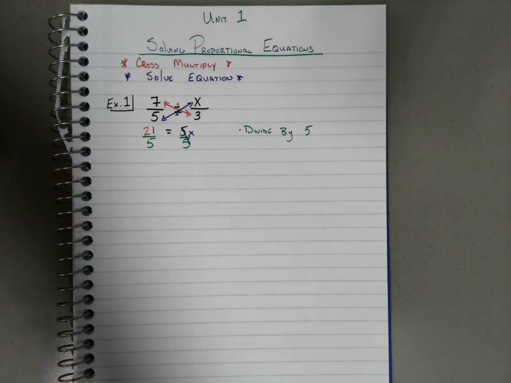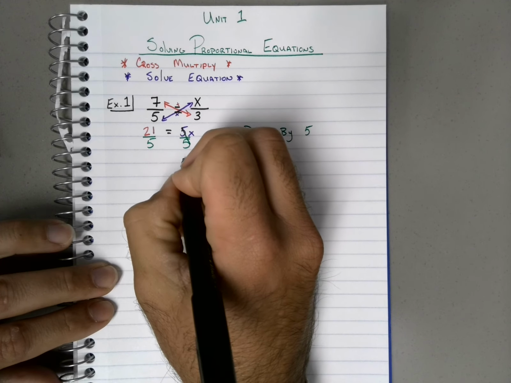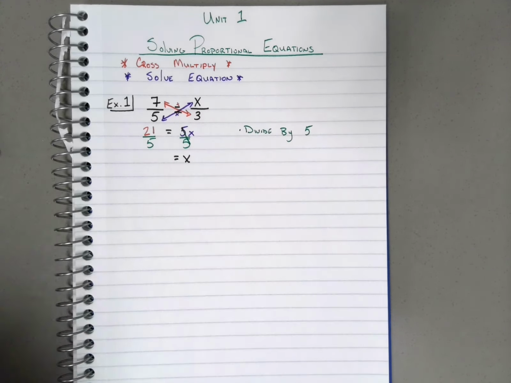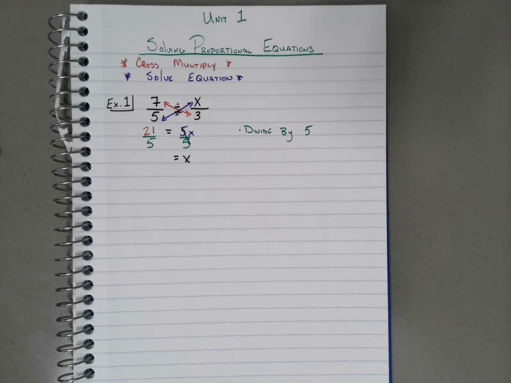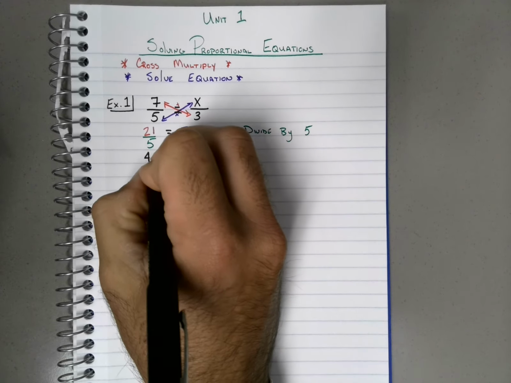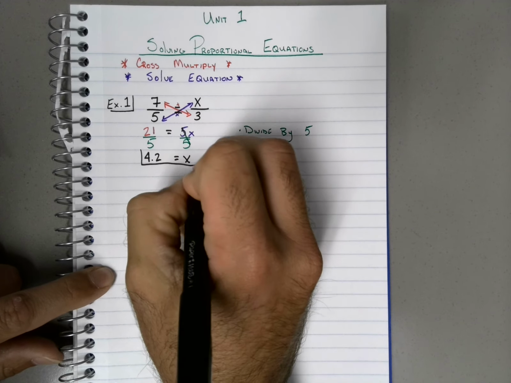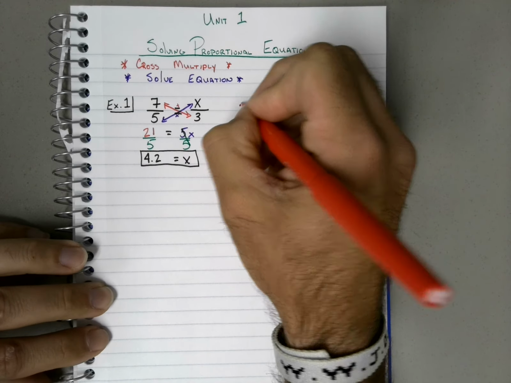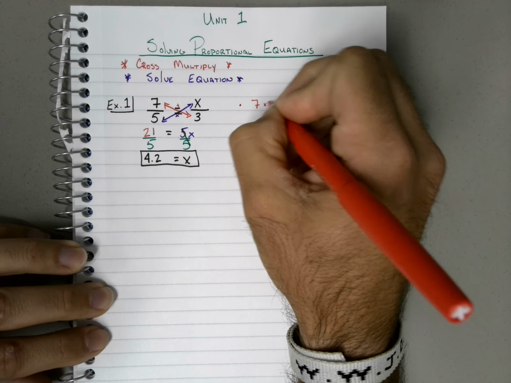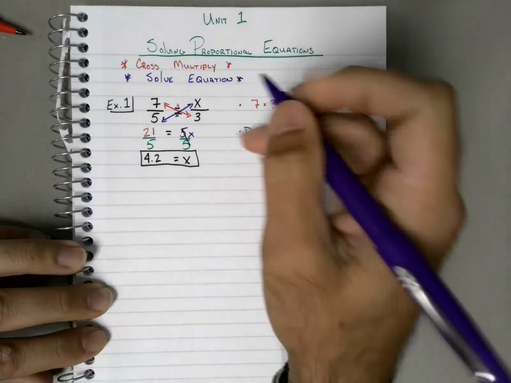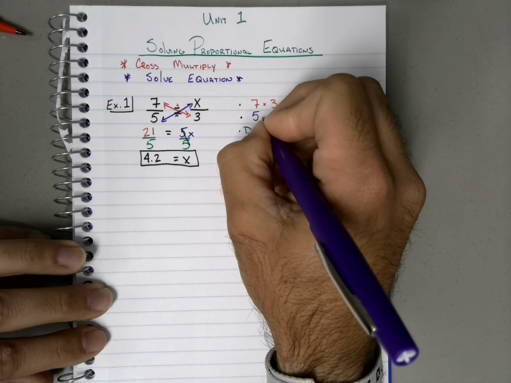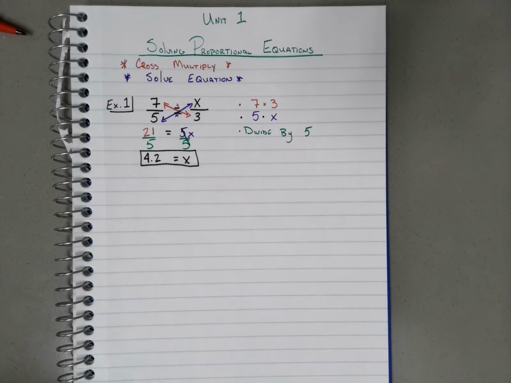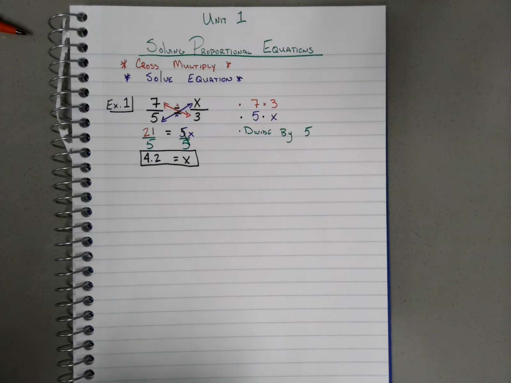All that's left over here is x equals, and if you go to your calculator and do 21 divided by 5, you will get 4.2. So I'll write these steps up here: we did 7 times 3, and we did 5 times x, and we got our answer there. That's our first example.